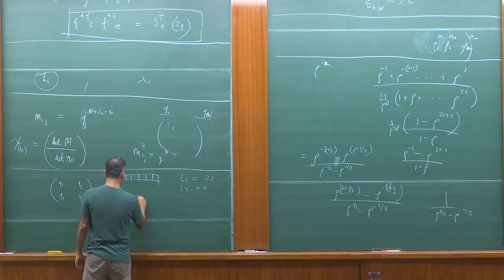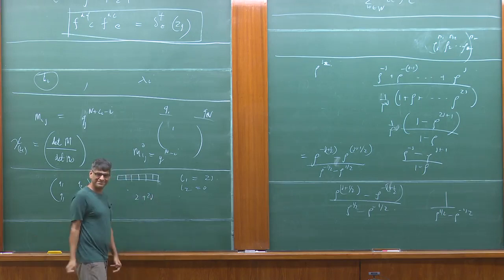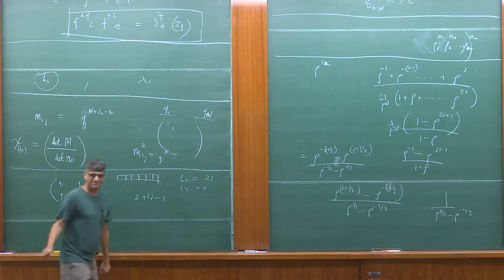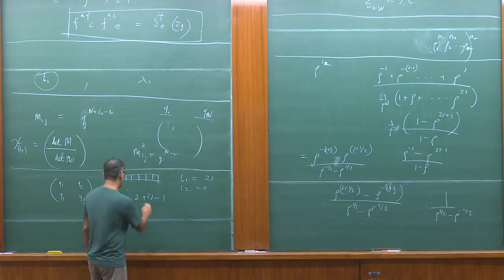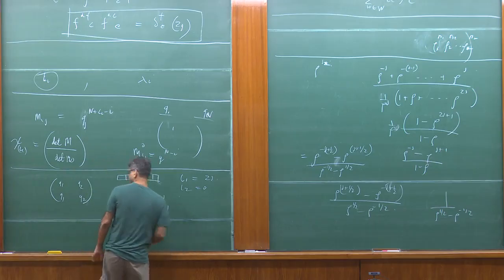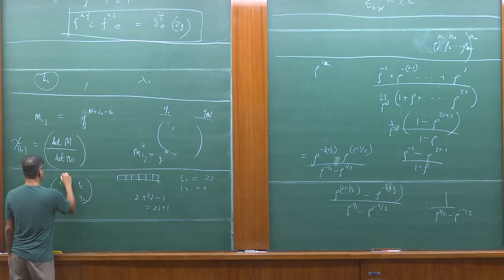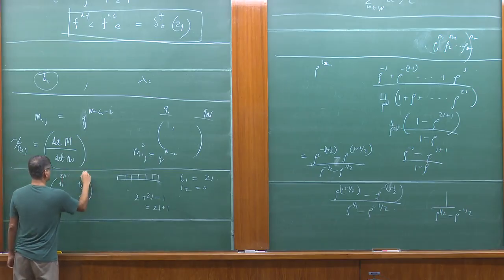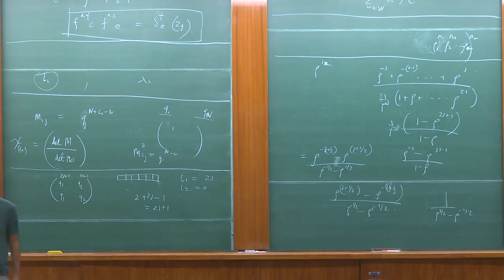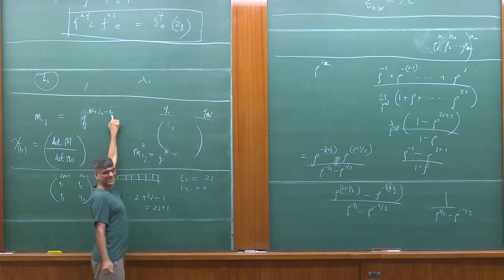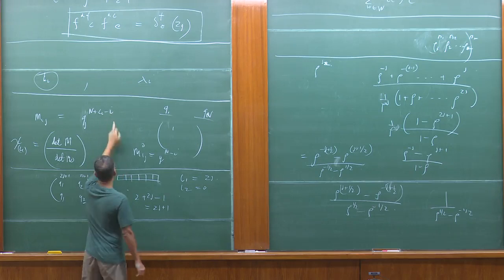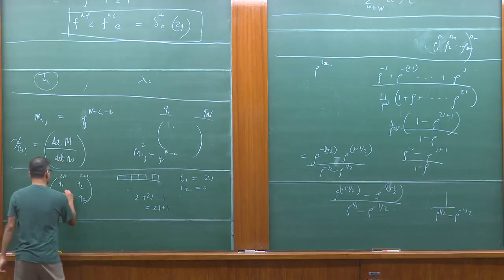We get 2 plus 2j minus 1, so that's equal to 2j plus 1. Q1 to the power 2j plus 1. What about in the second row? In the second row, Li was 0, so just 0. So this is to the power 0.